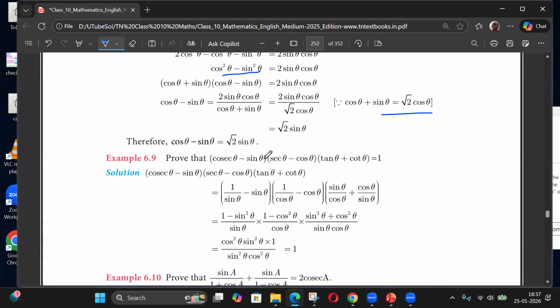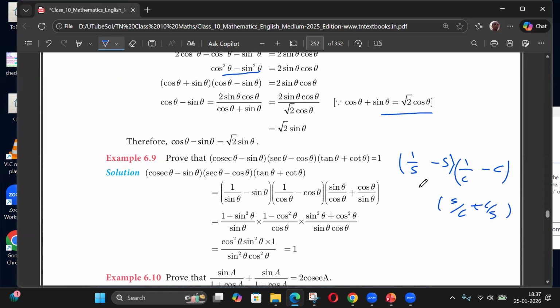So 1 by sine minus 1 by cos. Cosecant is 1 by sine, right? Minus sine into secant is 1 by cos minus cos into sin by cos plus cos by sin.